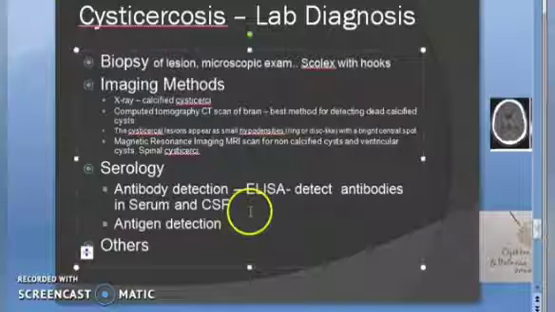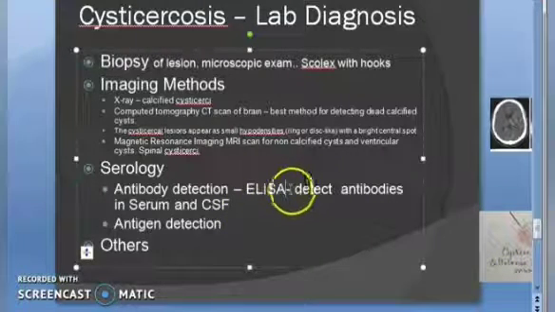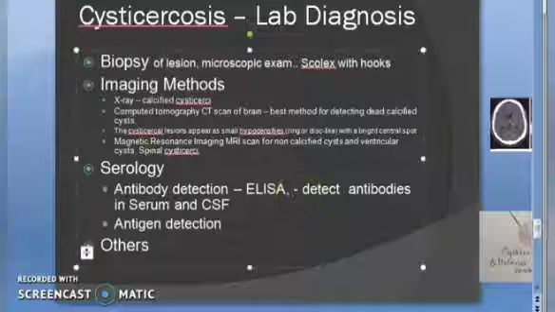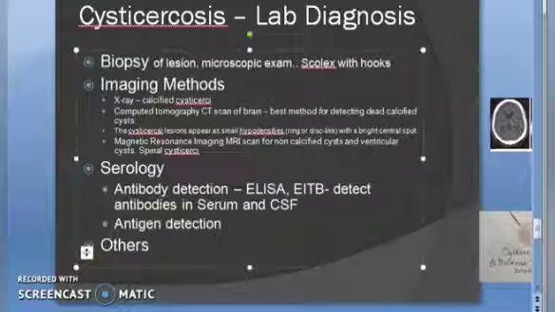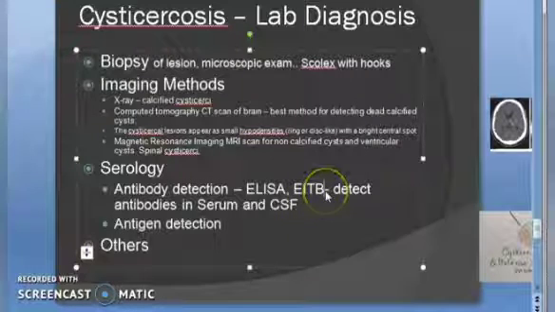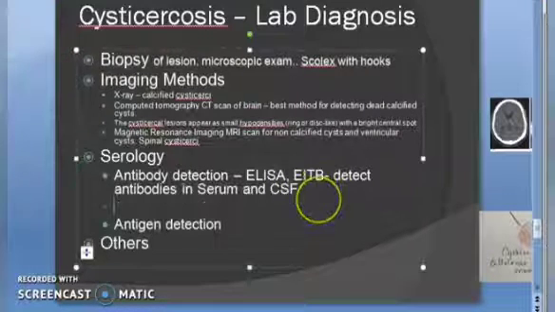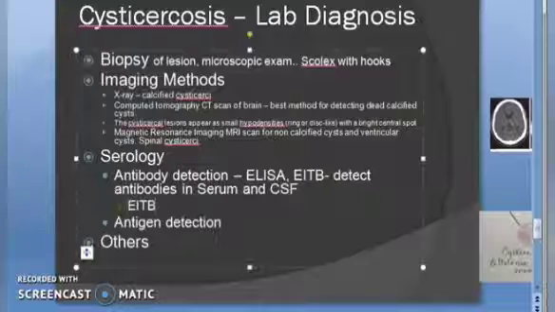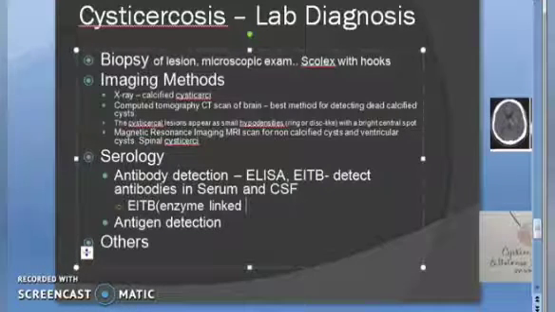Now you can also use another technique, that is EITB, enzyme linked immunoelectrotransfer blot. What is EITB?